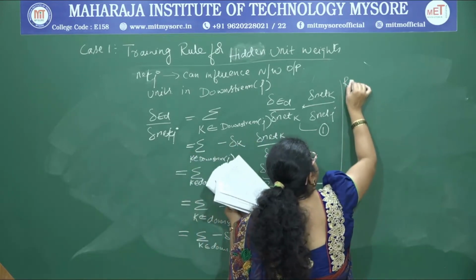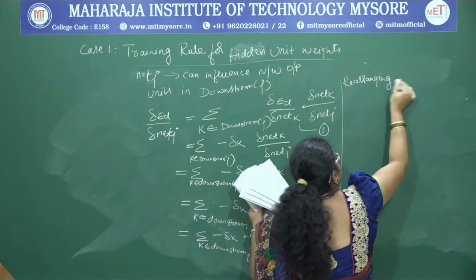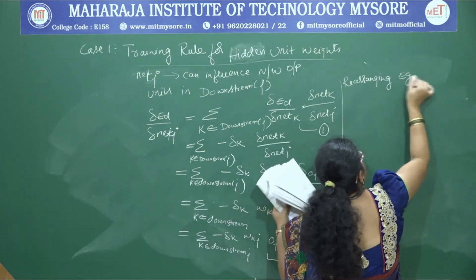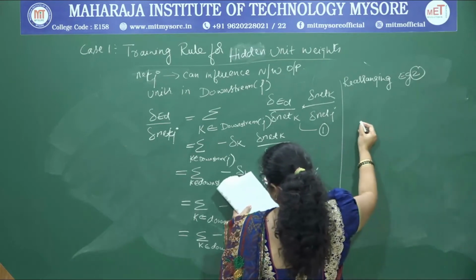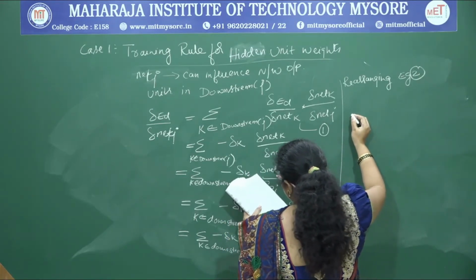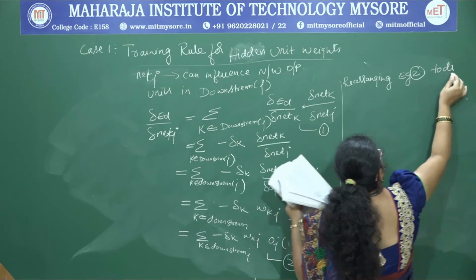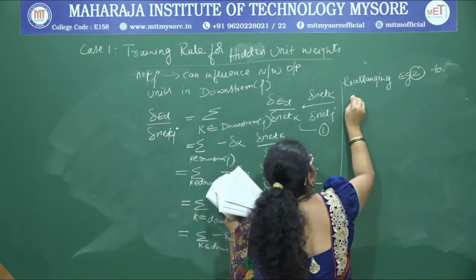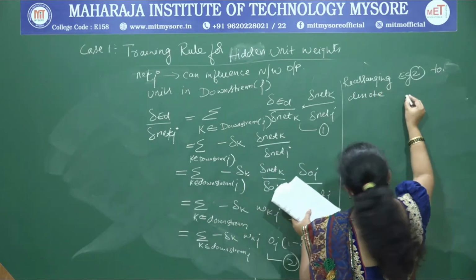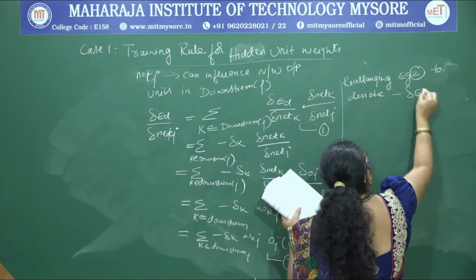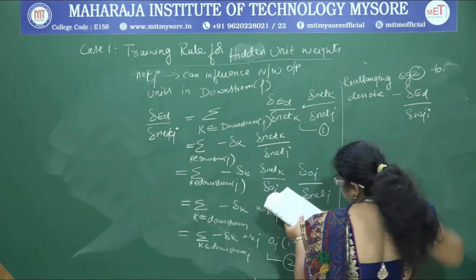Rearranging equation 2, we get, and we need to denote minus delta Ed by delta Wji.